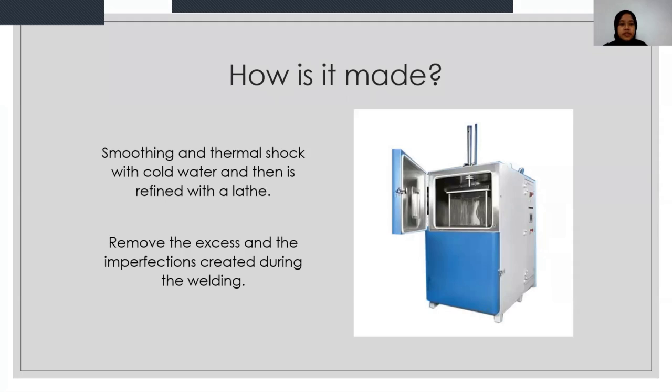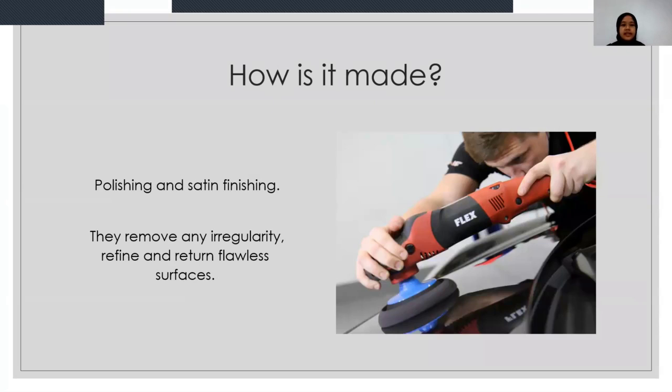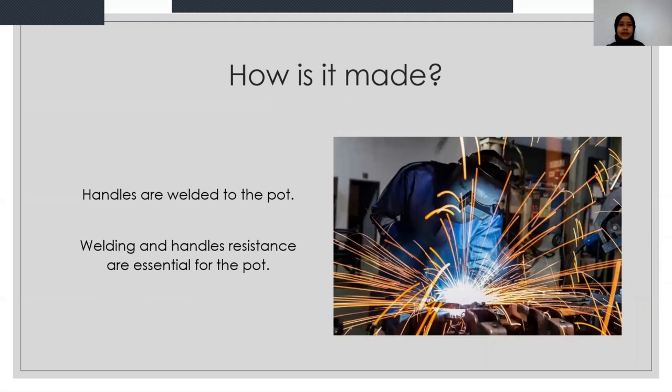Smoothing and thermal shocks with cool water follow, and then it is refined to remove the excess and the imperfections created during the welding. Polishing and finishing remove any irregularity, refine and return a flawless surface. Handles are welded to the pot. Welding and handle resistance are essential for the pot.